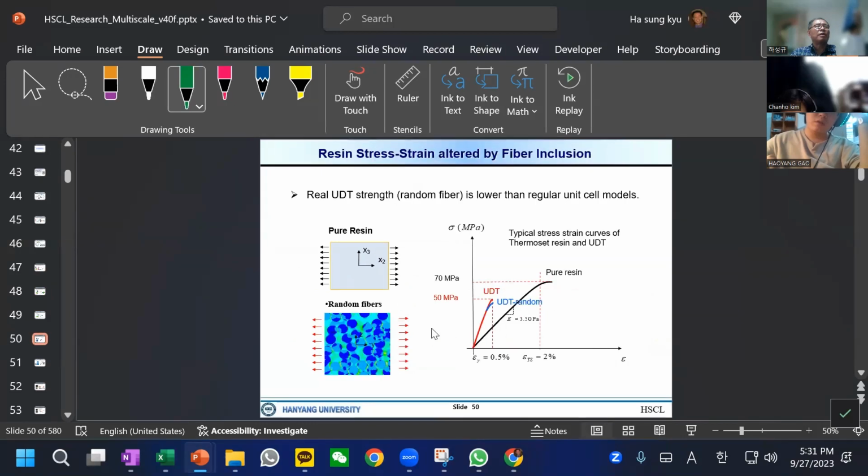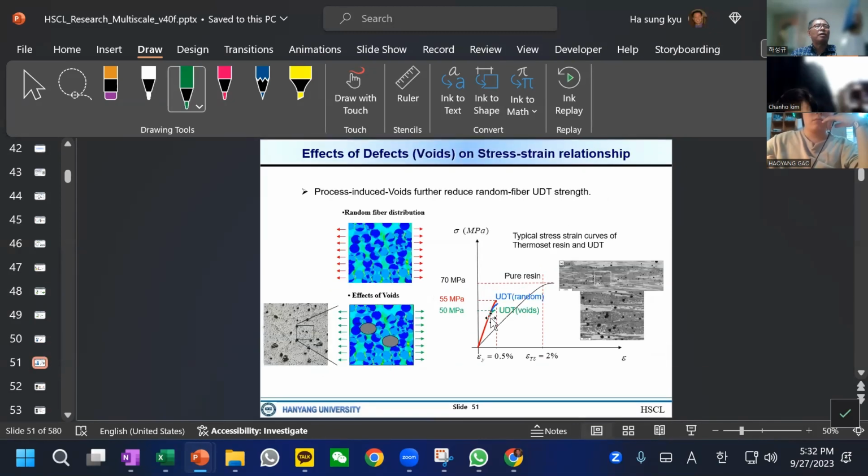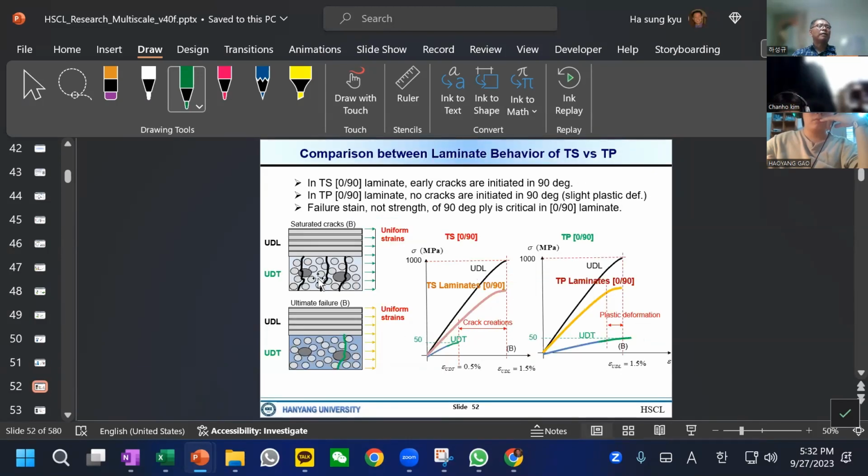And that's why, now imagine we have not just one fiber, but a lot of fibers, and we compare thermoset and thermoplastic. Also imagine that there will be a void in there, and the effect will be different. Now, as a laminate, we can have 0 and 90 and 0 and 90.